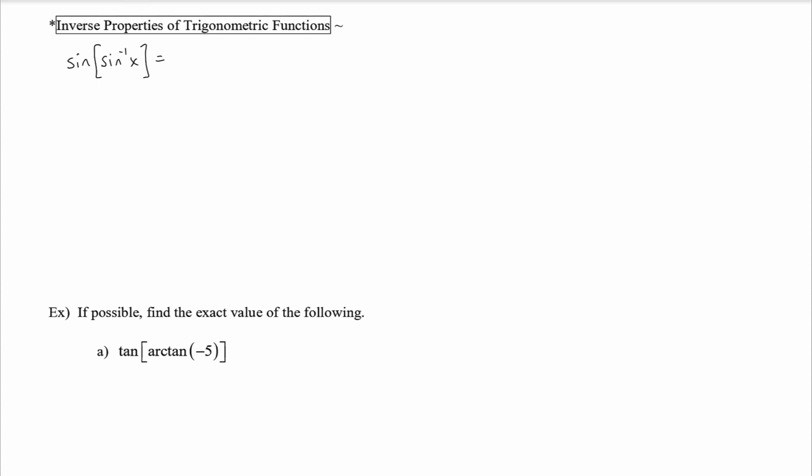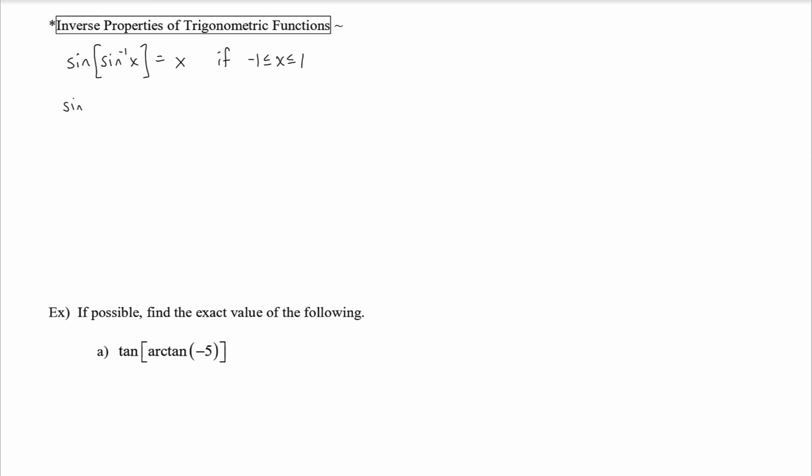Well, normally, inverse sine and sine would negate each other and you would just get x. I mean, that's how inverses are supposed to work. That is true. However, we have to be careful. That's only true because remember, the domain of inverse sine is -1 to 1. So that's only true if x is between -1 and 1.